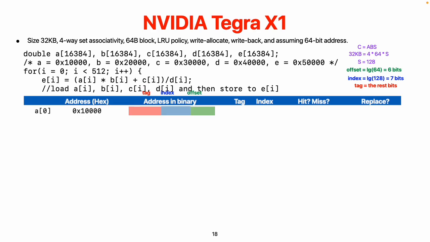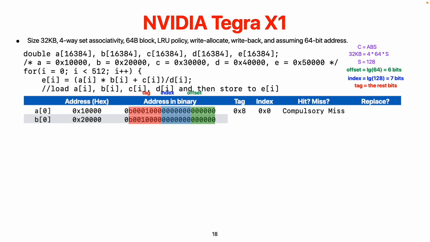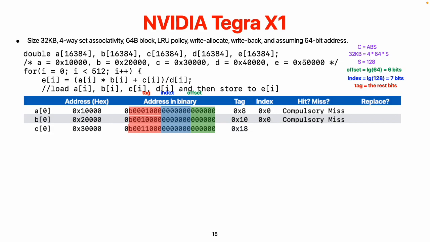For the first access, what kind of miss? Compulsory miss. Why is it compulsory miss? Because it's the first time access, right? How about this one, B0? It's still compulsory miss, because we haven't touched the same block again before. How about this one?